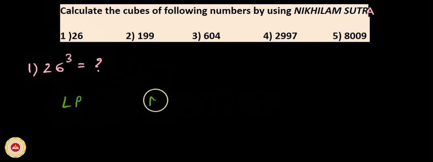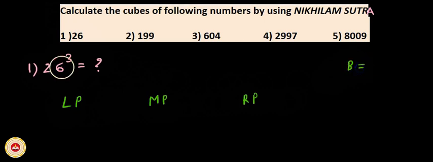Now let us find the nearest base for the given number 26. It is away from real bases like 10, 100, 1000 and so on. So we will have to find the nearest working base for the number 26.